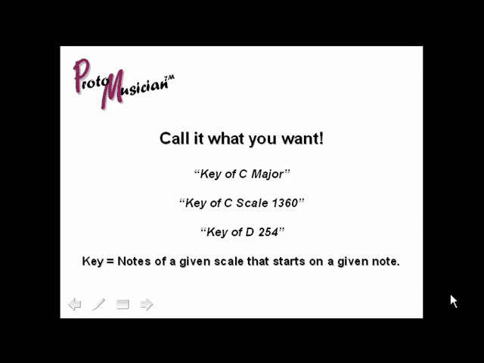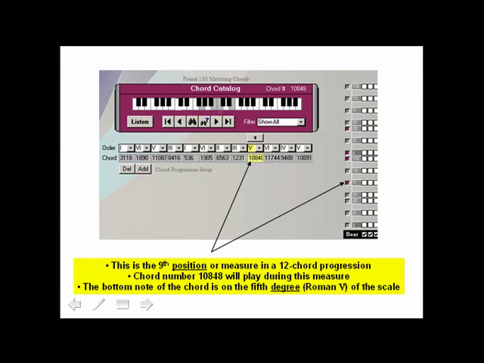So for sake of convention with ProtoMusician, you can say the key of C major, the key of C, scale 1360, the key of D, scale 254, or whatever you want. The position is what measure of the chord progression you're working on, from 1 to 12, and the degree is what note of the scale your chord starts on, and that's marked by a Roman numeral.